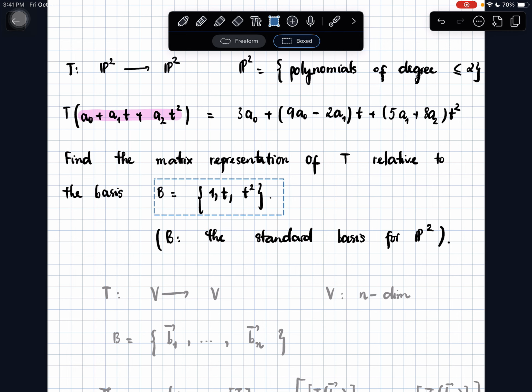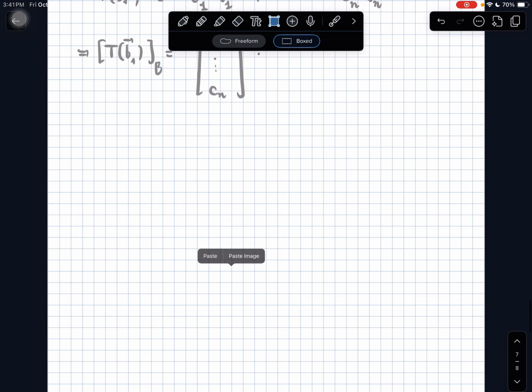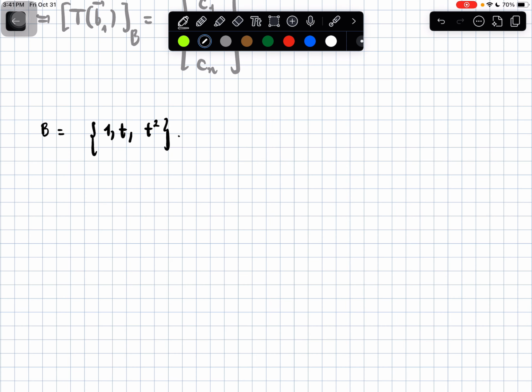We have 3 vectors in the basis. Now what I need to compute is the image of all the vectors. So the first vector is 1. This number 1 here you think of as a polynomial, because this is a polynomial in the vector space P2. So this is the polynomial 1 plus 0t plus 0t squared.